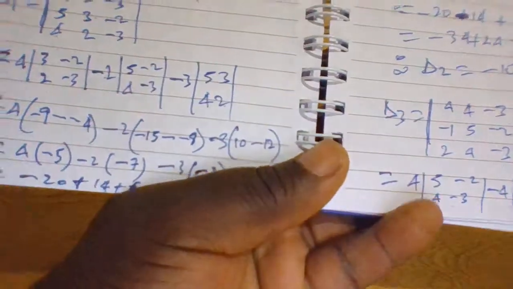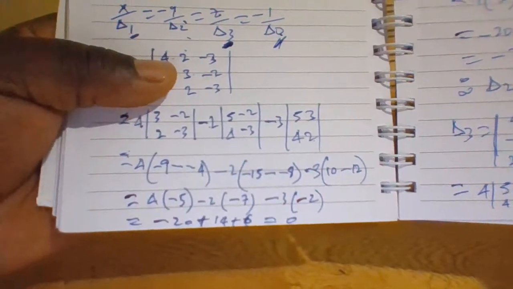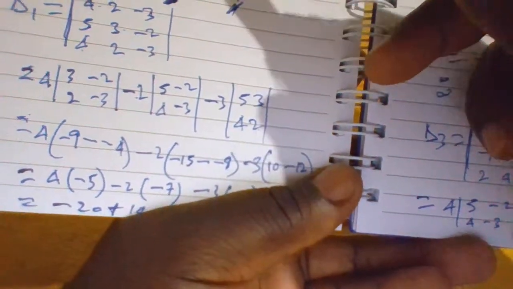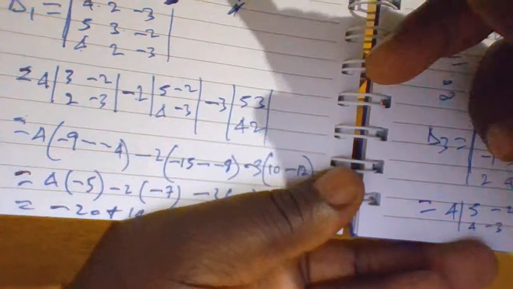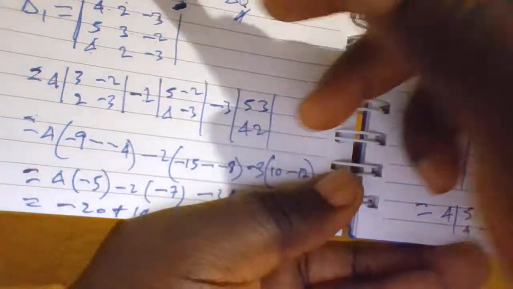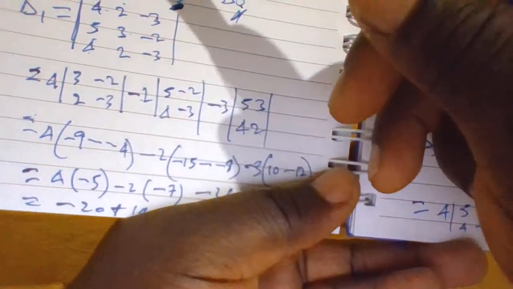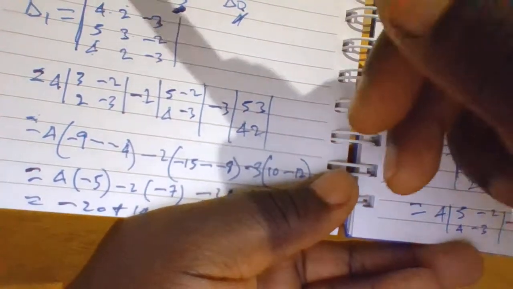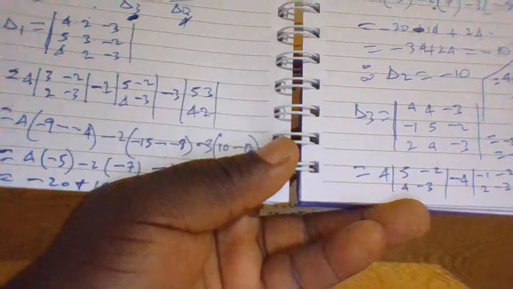After getting del 3, now we need to get del naught. How do we get del naught? For us to get del naught, we now plug the constant terms, and we get the coefficients, which will be 4, 2, negative 1, 5, 3, 2, 4, 2.